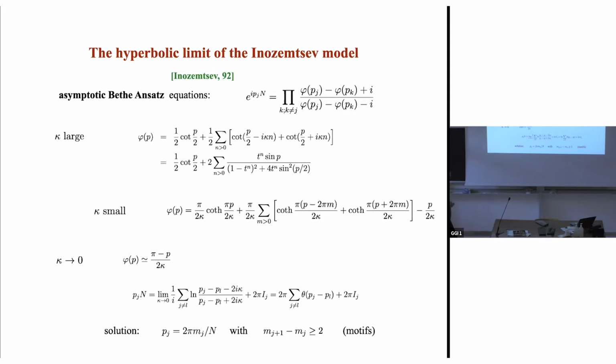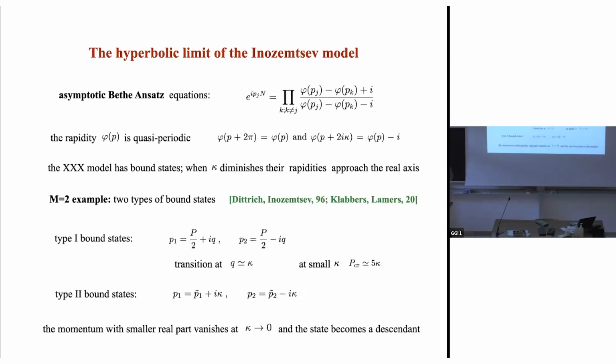So the Bethe equation takes a very simple form: the scattering phase becomes just a Heaviside theta function of the difference of the momenta. And then you retrieve this quantization condition that we have seen for the motifs. And the repulsion of the momenta is given by this interaction here. So this is how you get one model from the other.